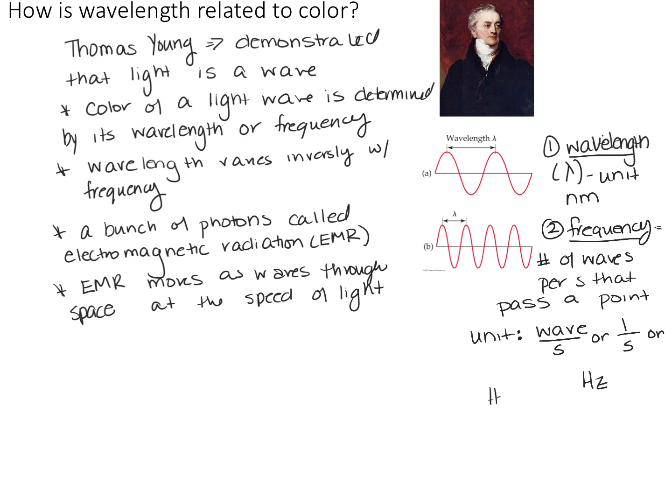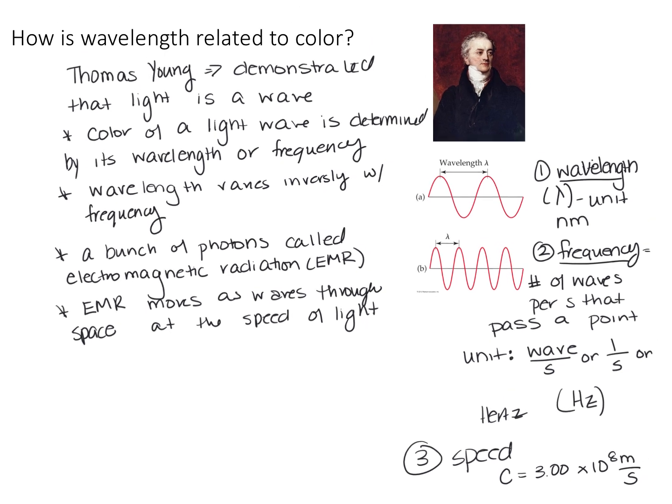And then the third thing that we're interested in is speed, right? And the speed of light is c, that's what it's represented as, and it's 3 × 10⁸ meters per second. Now, there's no need to memorize what c is. I will give that to you, okay?